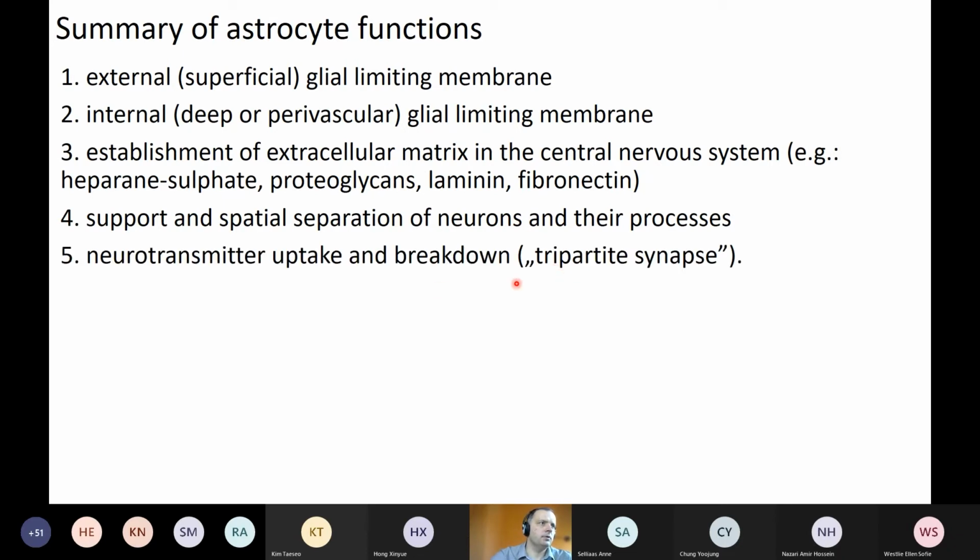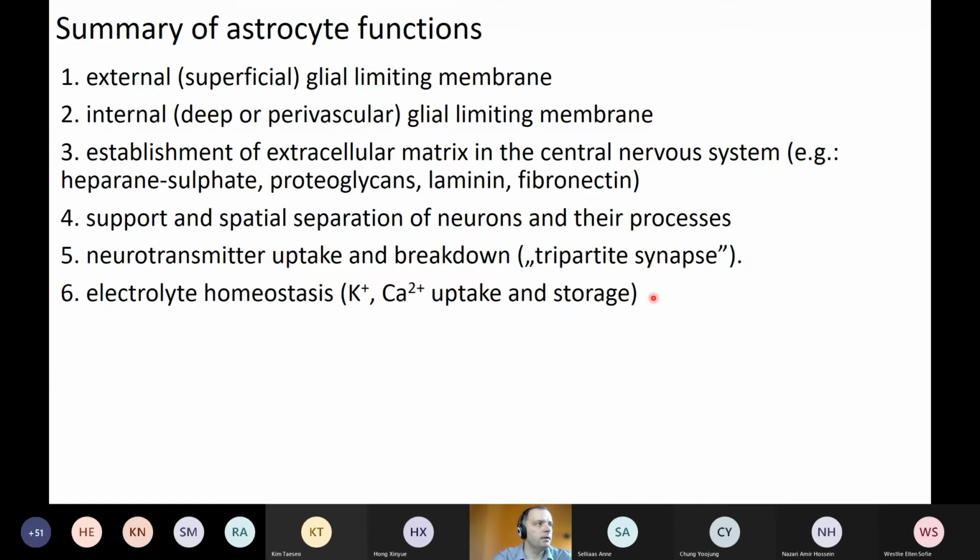I mentioned the breakdown of neurotransmitters, as I showed you in an earlier slide of mine, that the synapse might be considered as a synapse that has three parts: presynaptic, postsynaptic part, and the glial cell would be the third party. So that's why tripartite synapse can be also used as a term for that, that the glial cells will clean up the neurotransmitters from the synaptic cleft.